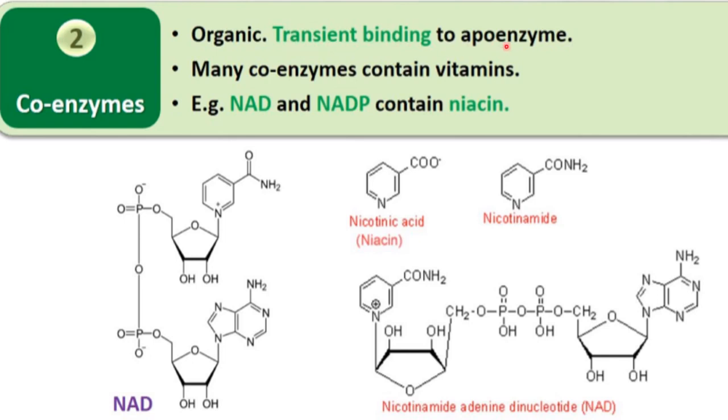They get bound with the apoenzyme only at the time of catalyzing the reaction. Many coenzymes contain vitamins, meaning many coenzymes are made up of vitamins. For example, NAD, nicotinamide adenine dinucleotide, and NADP, nicotinamide adenine dinucleotide phosphate.